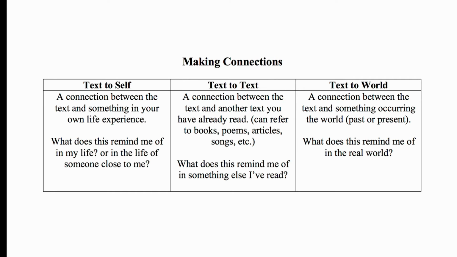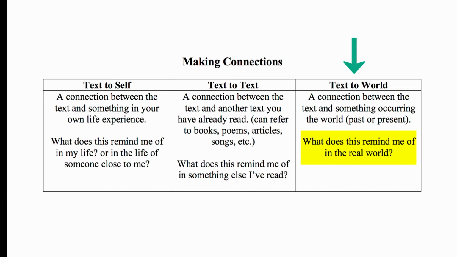Okay? And the third way to make a connection is text to the world, the broader world out there, the big wide world. So it's a connection between what you're reading now and something occurring in the world. And it can be in history that you remember, or it can be the present, or it could be something that's happened at any time.